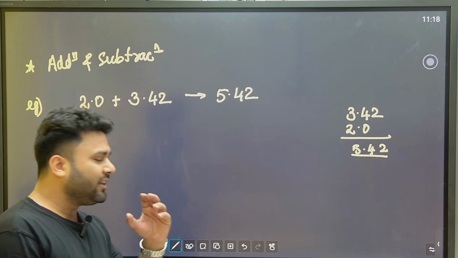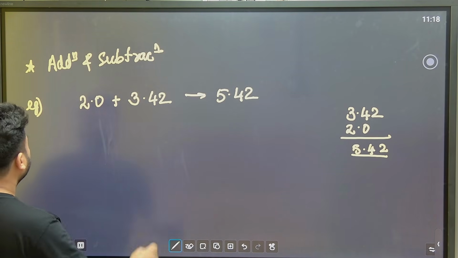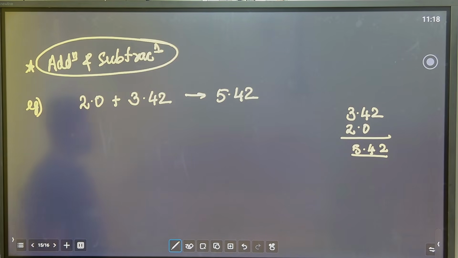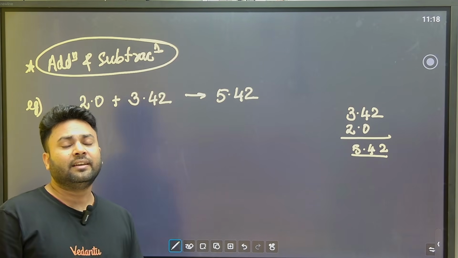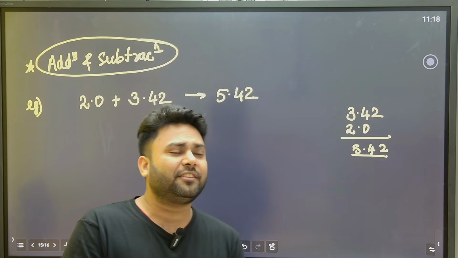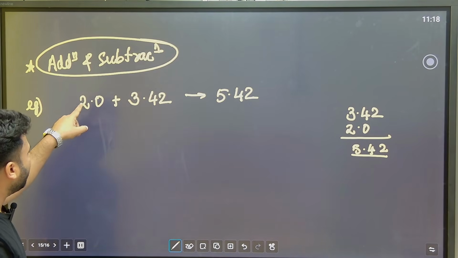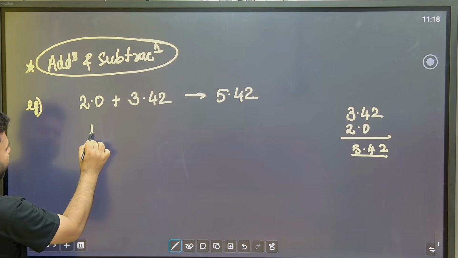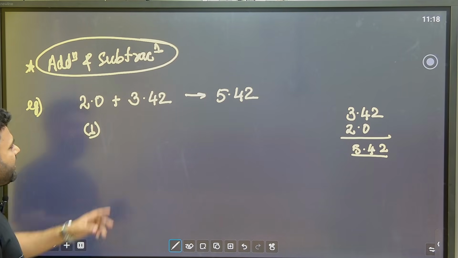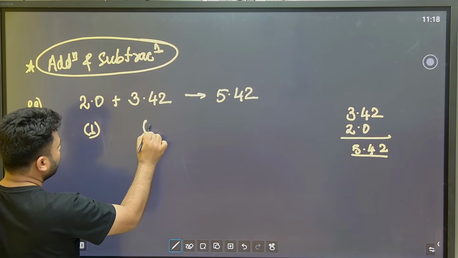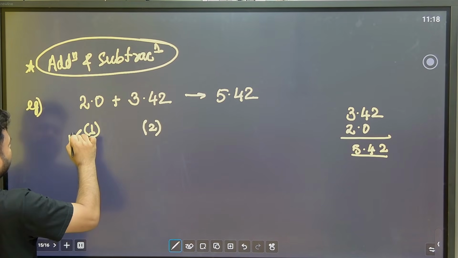Second step, the rule tells that if there is addition or subtraction in the question, we have to see the least decimal place. Least decimal place means here after the decimal, how many places are there? 1. Here after the decimal, how many places are there? 2. So which is minimum? This is minimum.